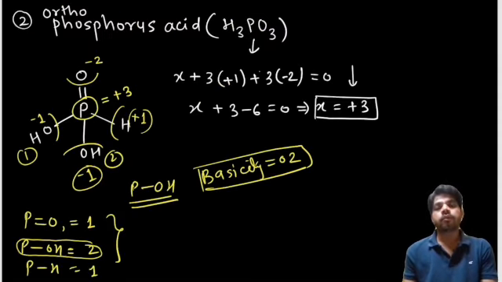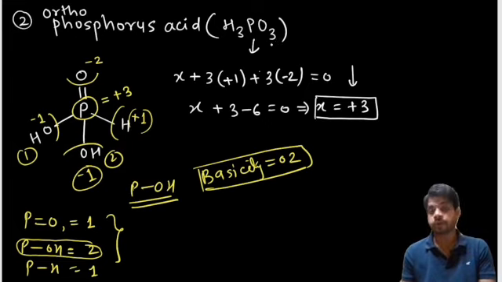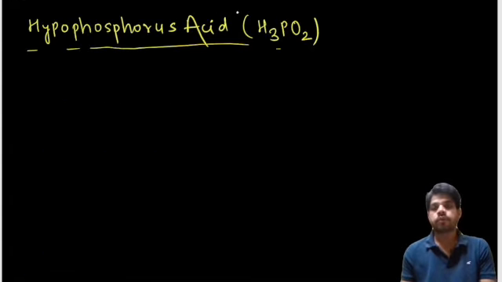When I reduce one oxygen from orthophosphoric acid, we get orthophosphorus acid, that is H3PO3 from H3PO4. When I further reduce one oxygen from orthophosphorus acid, I get H3PO2. So what is the name of this molecule? This molecule is known as hypophosphorus acid.